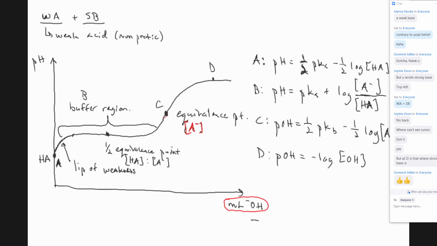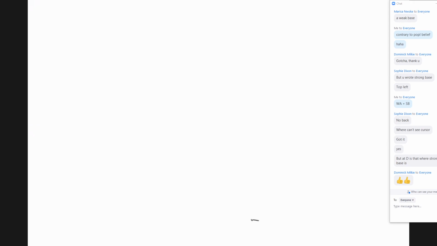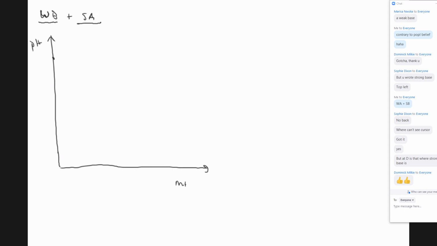So now let's take a look at our weak base with strong acid addition. Same thing is happening. We start with a weak base and we're going to add a strong acid. And along the way, we get a buffer somewhere in between and we get the full change across the system. So this is still pH. Now our titrant that we're adding is our strong acid, some hydronium.